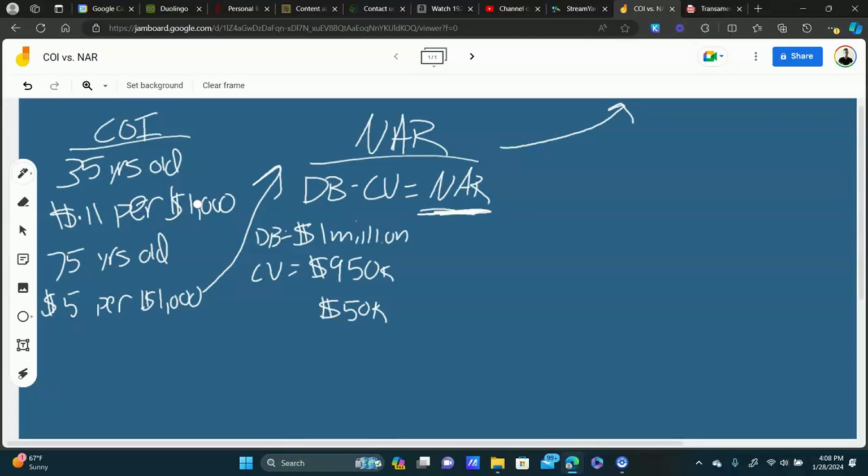And the problem is as you get older, if you deplete the cash value too much, either due to poor performance, leveraging it too much, taking out too much income too fast, whatever, if your cash value cannot cover your cost of insurance because your net amount at risk is too high, that's when you're going to get that bill saying, hey, you need to pay X amount in order to keep this policy in force.